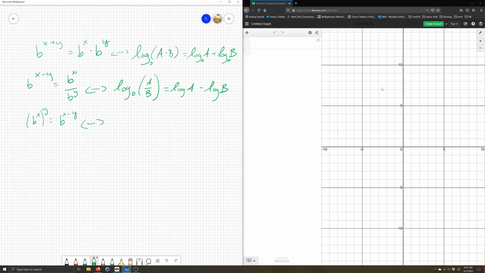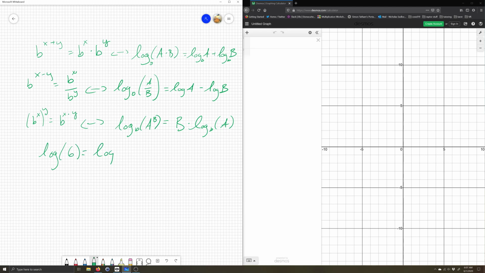This corresponds to, if you've got log base b of a raised to the bth power, you can take this exponent and you can pull it in front of the logarithm as a coefficient.